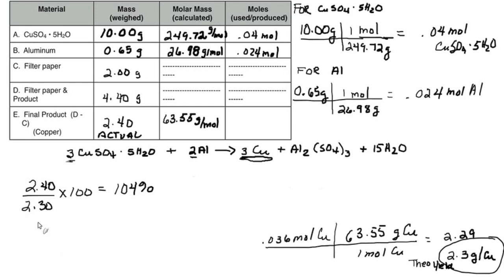So that's your yield. The only other thing that's left would be the moles produced, and you just take the grams that you had and convert that to moles with your molar mass of copper.